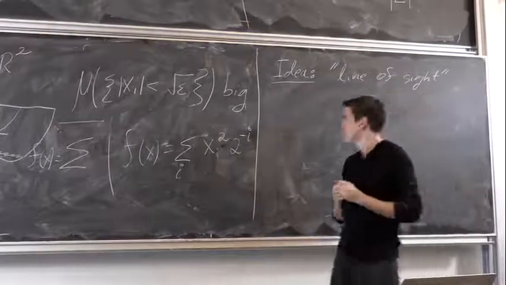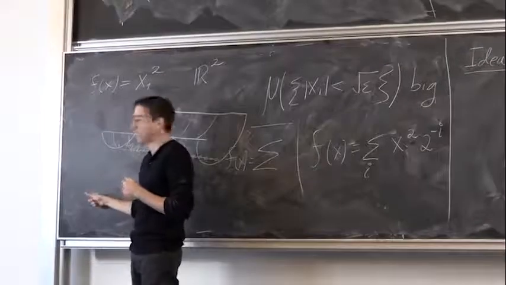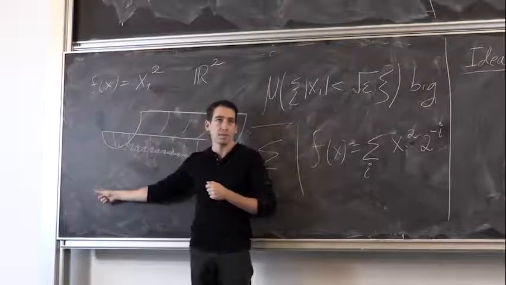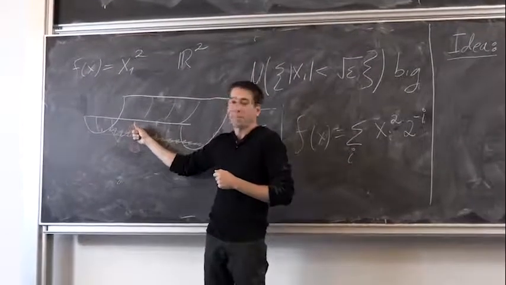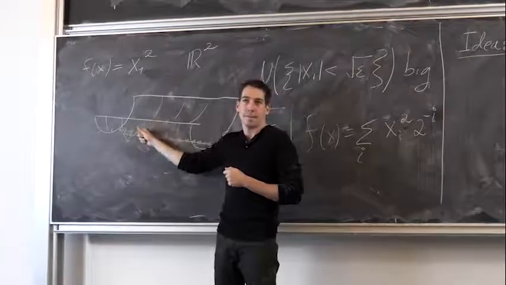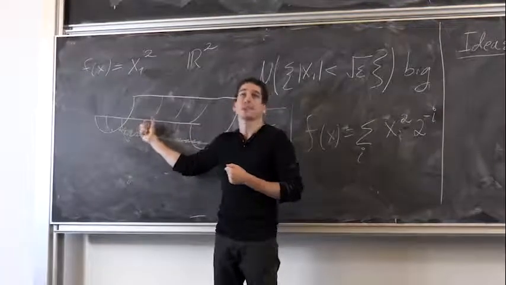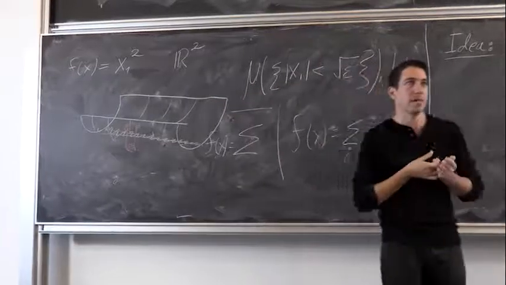Meaning, if there is an open line of sight, then any convex function passing through this point will have to differ from f on many of the points of this thing. And what is the reason for this? The reason is basically almost one-dimensional.